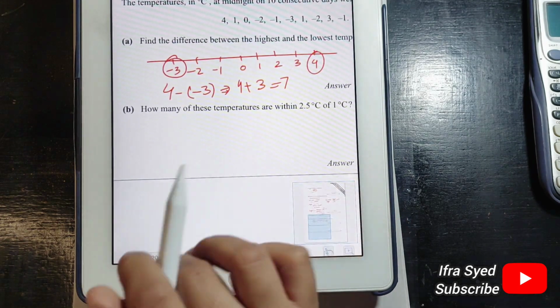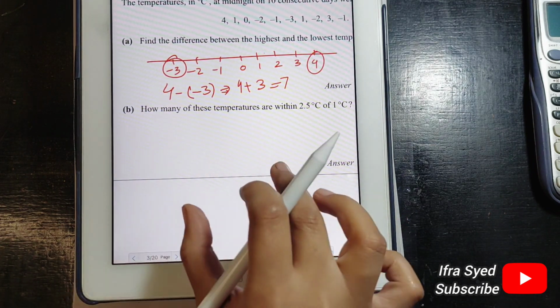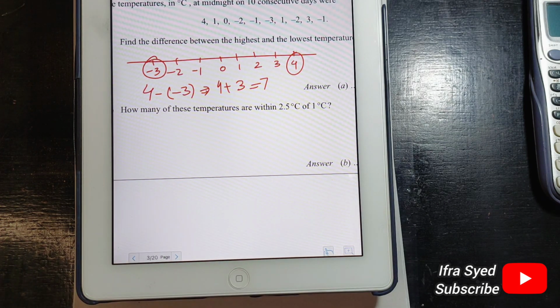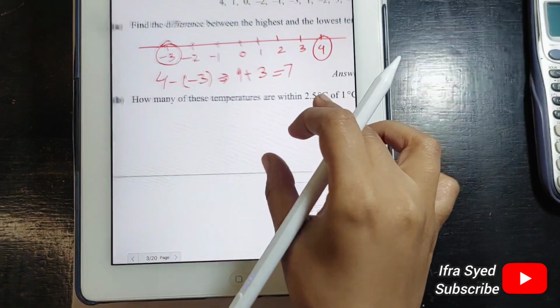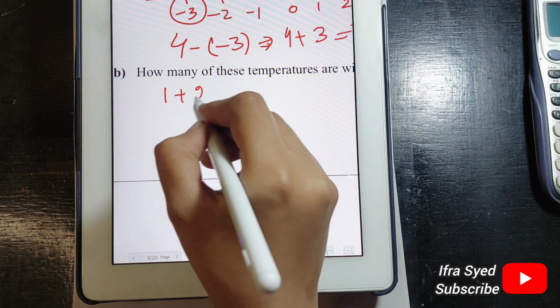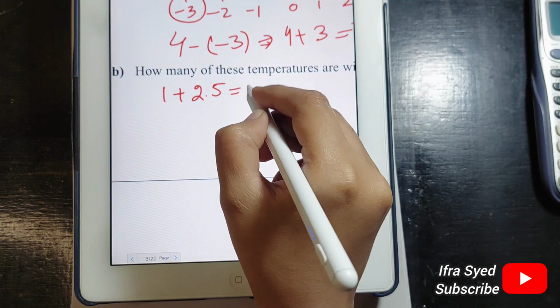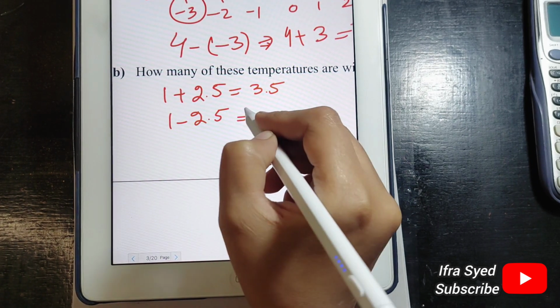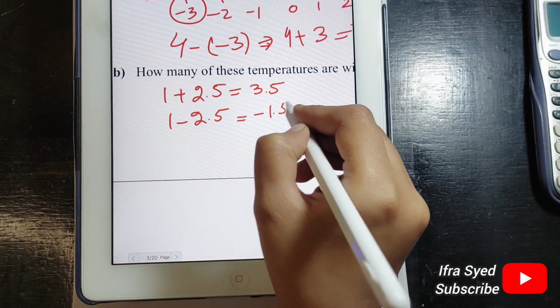Now in the B part, it is written: how many of these temperatures are within 2.5 degrees Celsius of 1 degree Celsius. In this B part, we have to find 2.5 degrees to the left and right side of 1. When we add 2.5 to 1, our answer is 3.5, and when we subtract 2.5 from 1, our answer is -1.5.